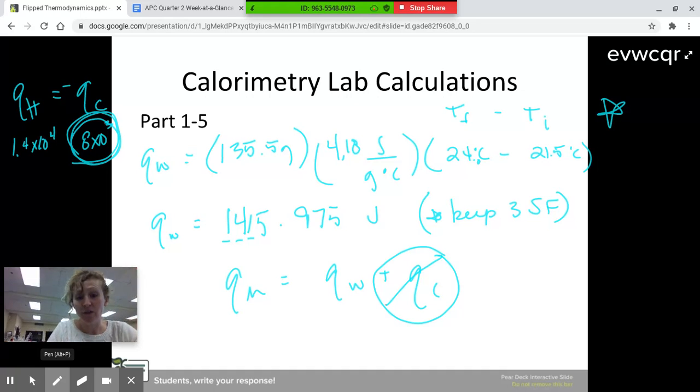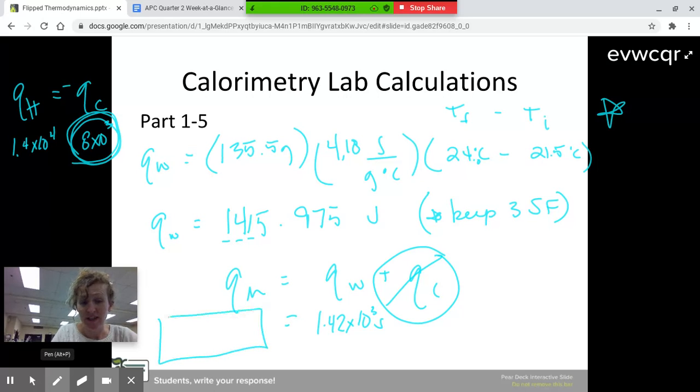And so if Q of the water is 1.42 times 10 to the third joule, then Q of the metal should be the same with the opposite sign. So what is Q of the metal?